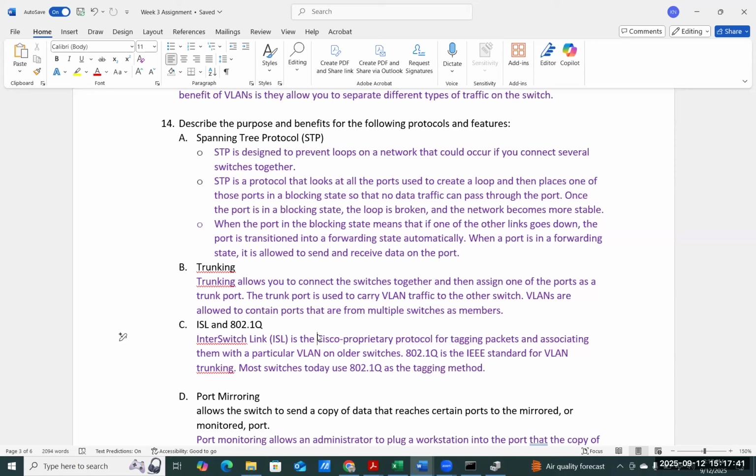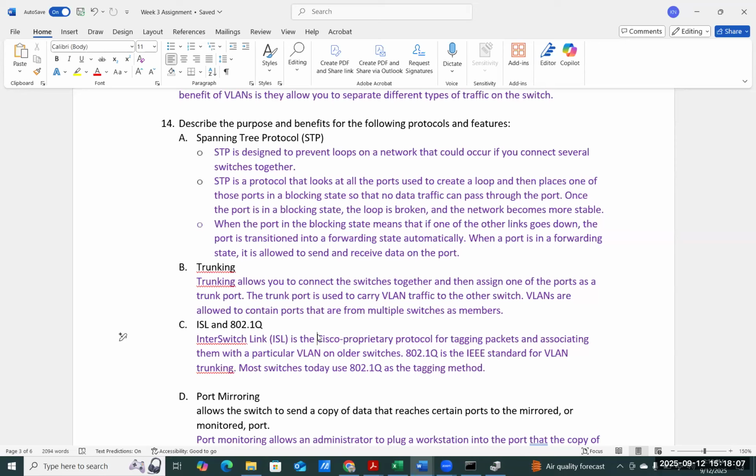And all my data, all my packets, my network traffic is labeled for that specific VLAN. Okay. How does it distinguish that? It is through the protocol, but that's if you use the switches, right?